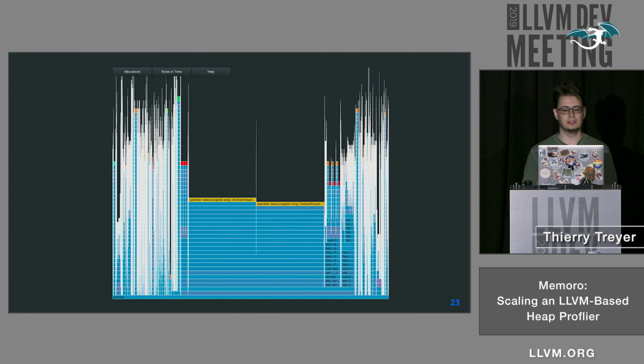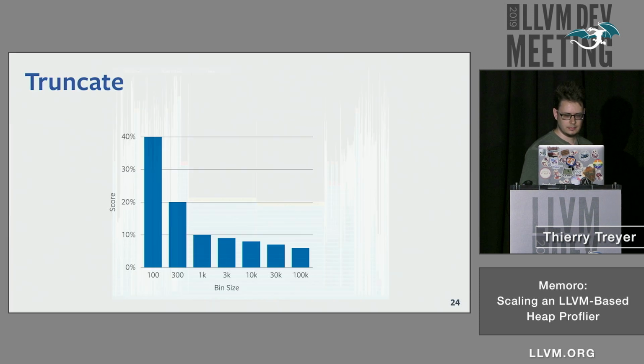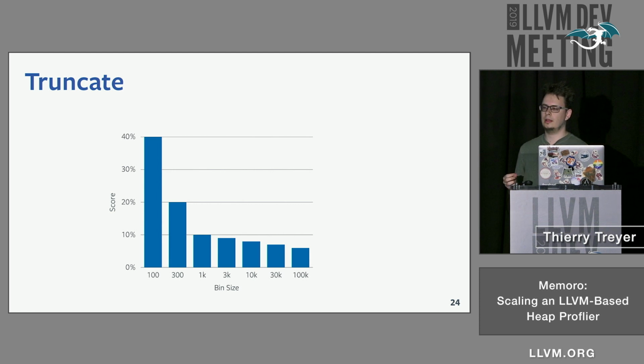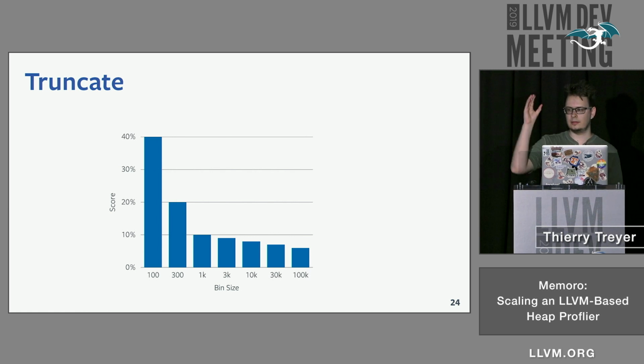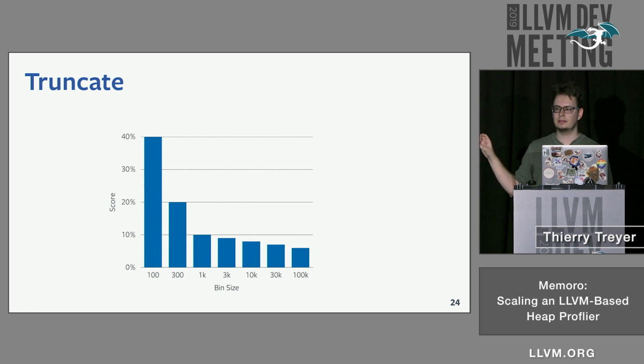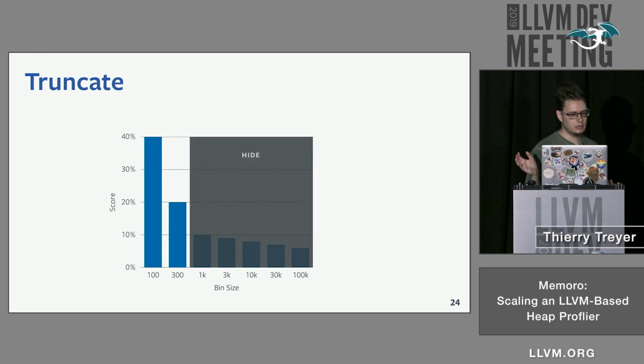So what we came up with is we noticed that only a few allocation points, only a few stack traces, were really having a meaningful impact. And so we have that long tail that is not really meaningful and just wasting pixels on our graph. So what we decided is simply to truncate everything out and hide the data.